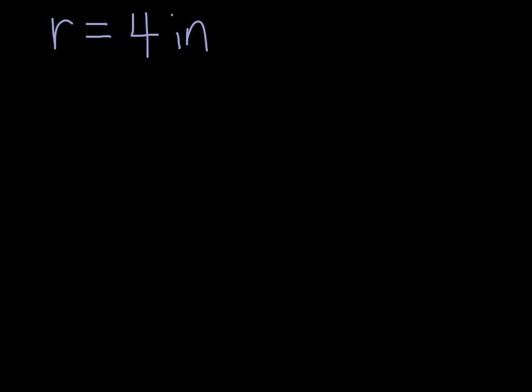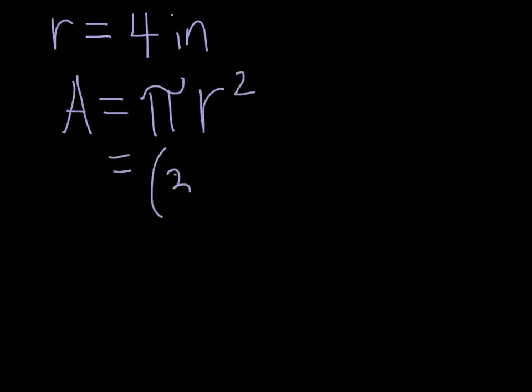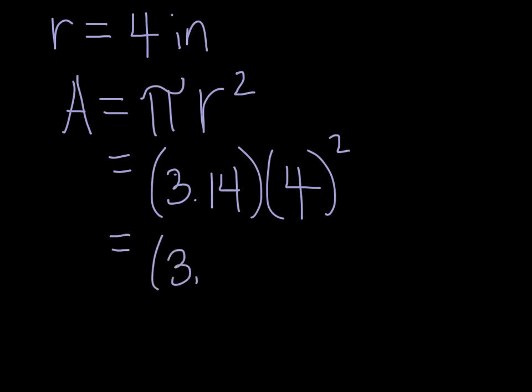All right, just for fun, let's go ahead and try one more. Let's say that the radius of a circle is 4 inches, and I tell you to find the area, because you will need to be able to do this when you come in tomorrow on your own. You're going to start with the formula, pi r squared, and say 3.14 times 4 squared, which means 4 times itself, which is 16.